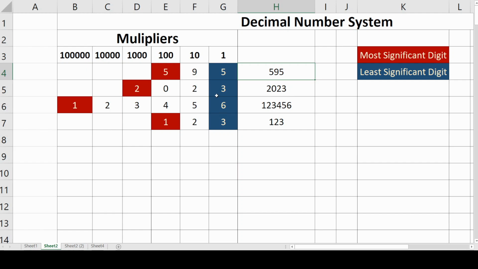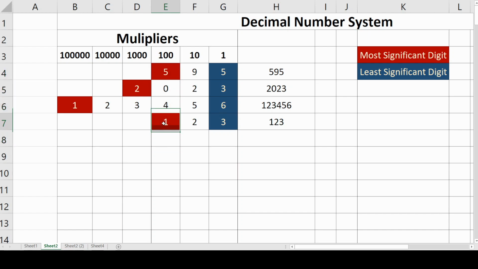Did you notice that every place actually has a different kind of value? For example, if I take 123, although 1 is a smaller digit, because it is on the place of hundreds, this has the most value.